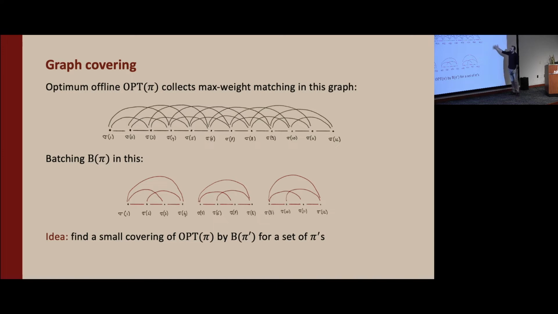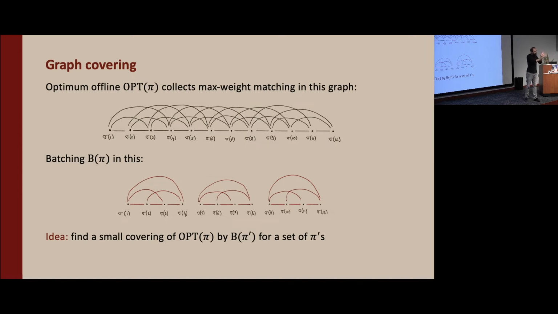Now, how do we get a good competitive ratio? Essentially, what we do is we look at the optimum for this permutation pi, and we say we're going to try to cover it using these graphs. And we don't need to just use this particular permutation. We can look at a bunch of other permutations. From the collection of those permutations, you get a bunch of graphs.